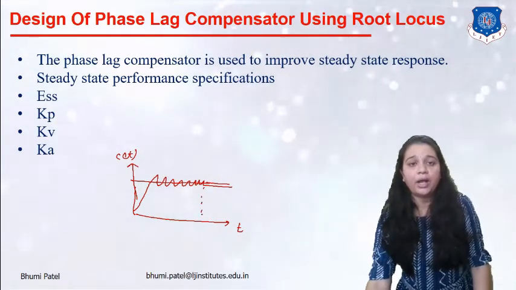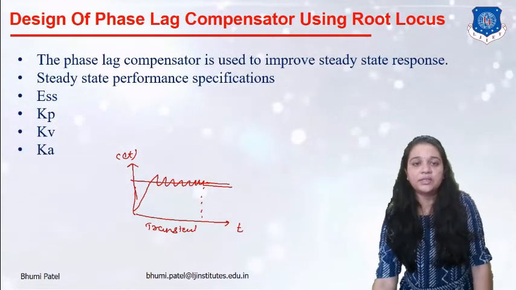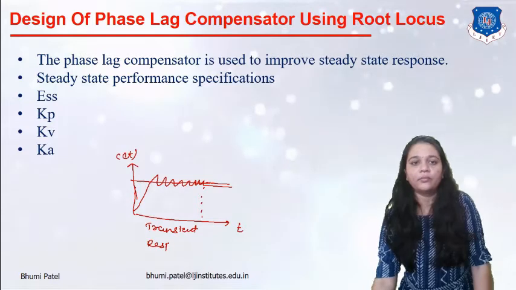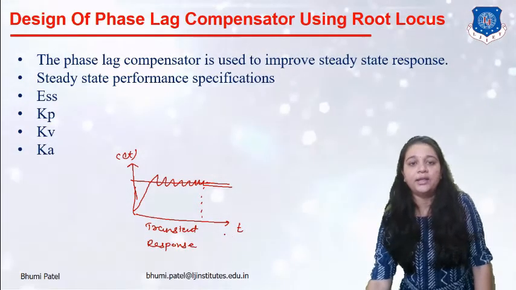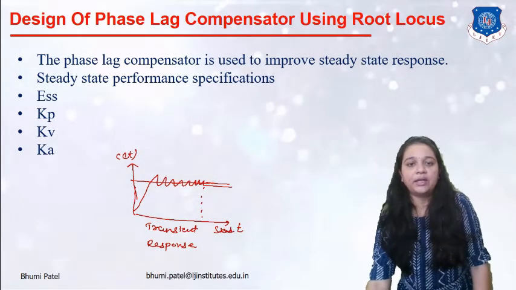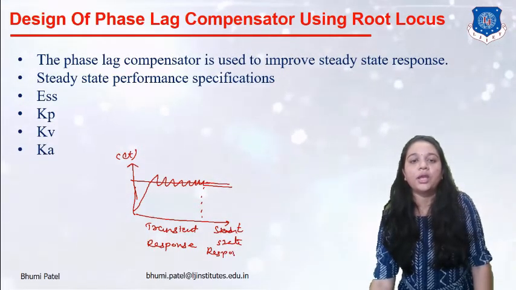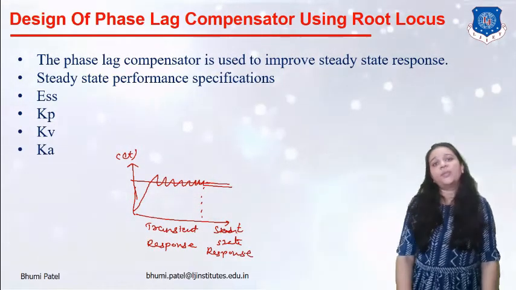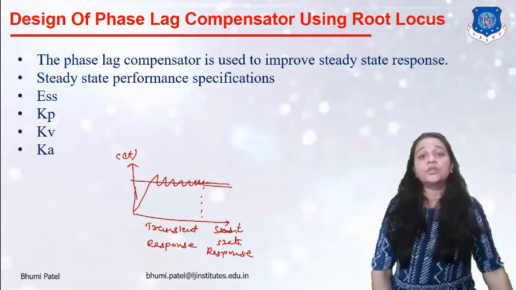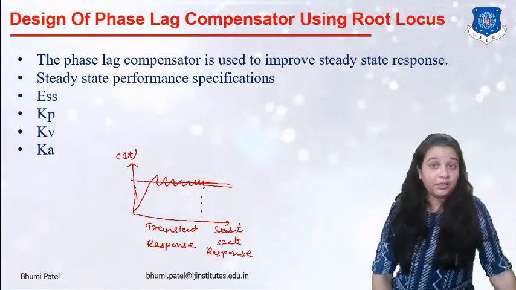Up to now, this region is known as the transient response of the system, and after that it is known as the steady state response. So the phase lag compensators are generally used to improve the steady state response.